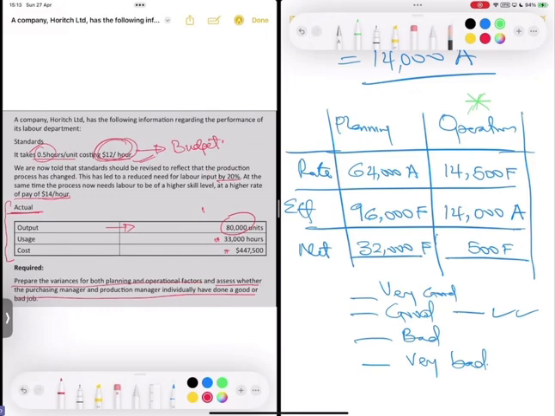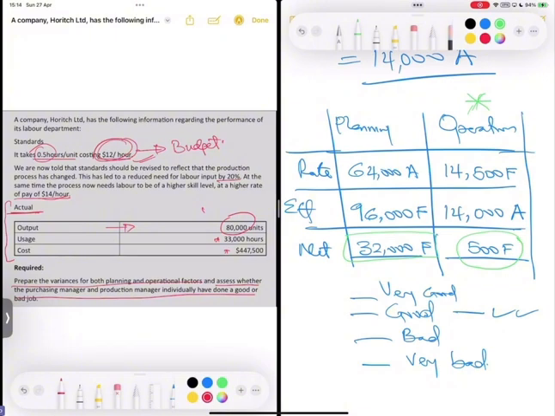Because imagine, without this breaking down, we would have given the 32,000 favorable as praise to this production manager. Whereas what we have seen is that the 32,000 favorable is not for him. That is coming from planning, things that change that are totally outside his control. So the only effort that contributed to our outcome was just 500 favorable, very small.